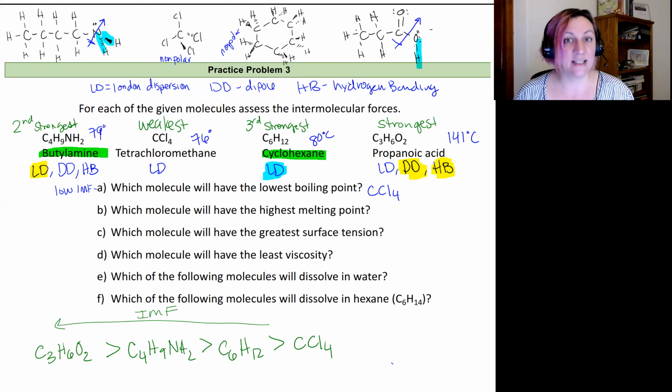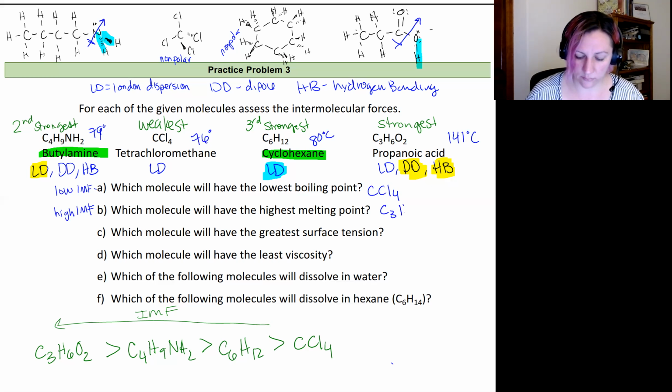Now, the highest melting point is going to be high intermolecular forces, because melting point and boiling point increase with intermolecular forces. So for this one, we're going to go with our propanoic acid. Now, the greatest surface tension increases with intermolecular forces.